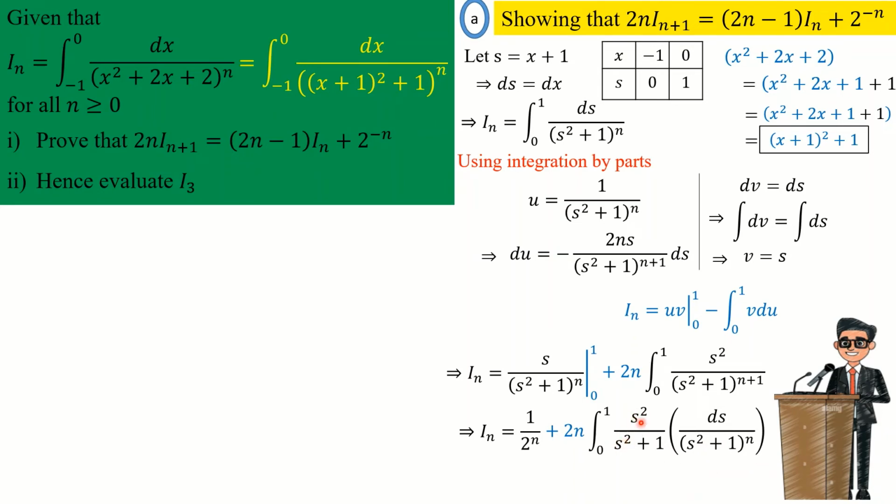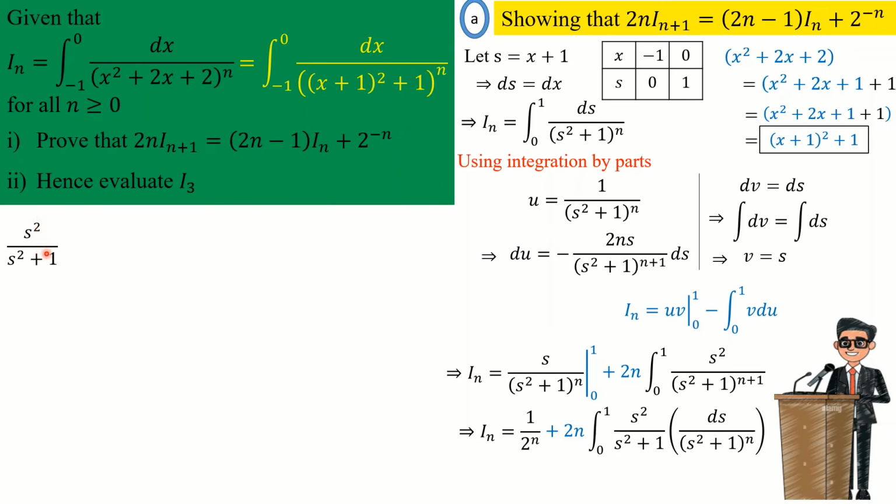Now let's try to simplify this guy here to see what we get. So s squared divided by s squared plus 1. We can use long division, but we can also do something that is very basic. We try to make the numerator look like the denominator, but at the same time keep the s squared.